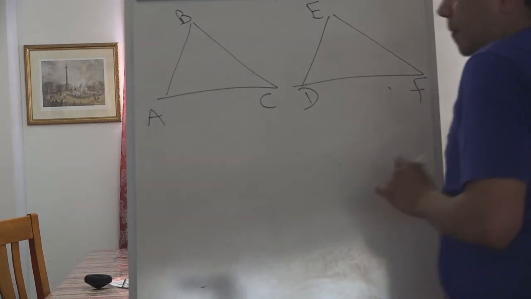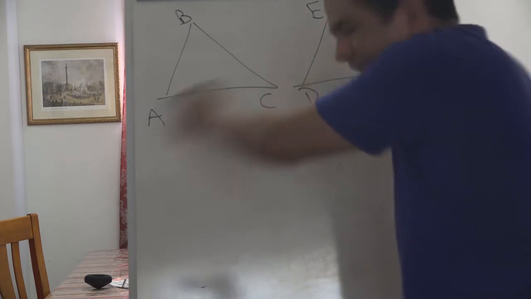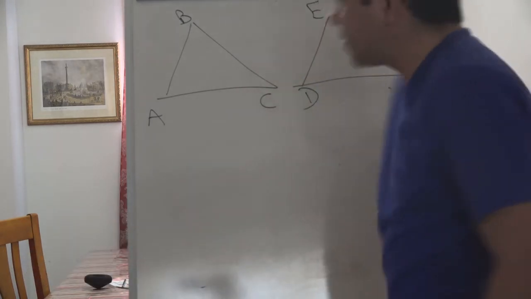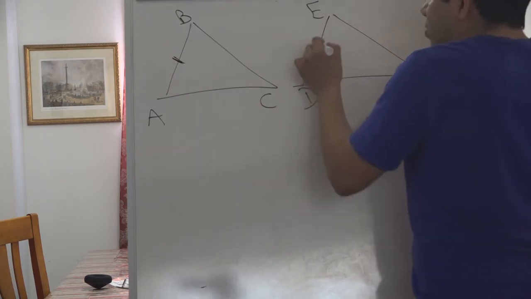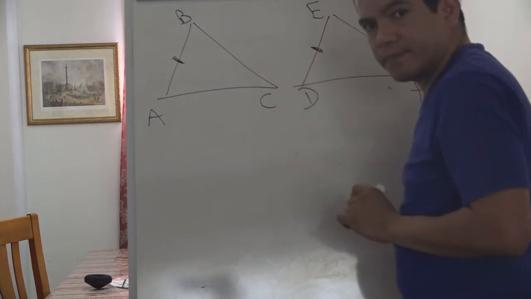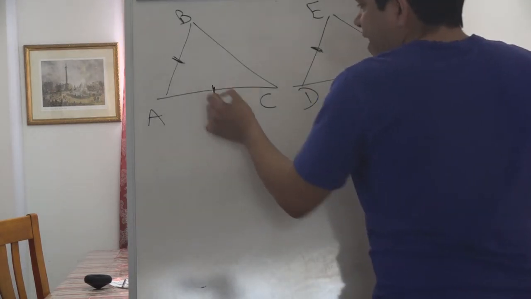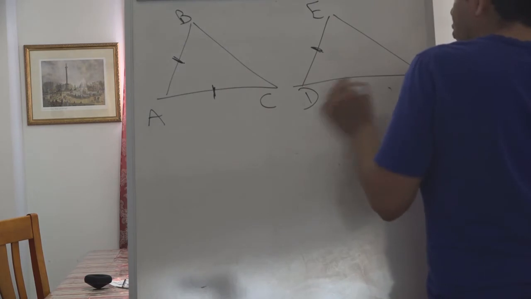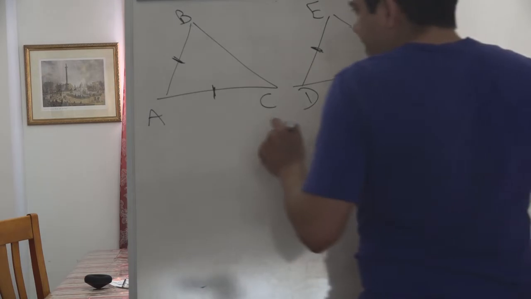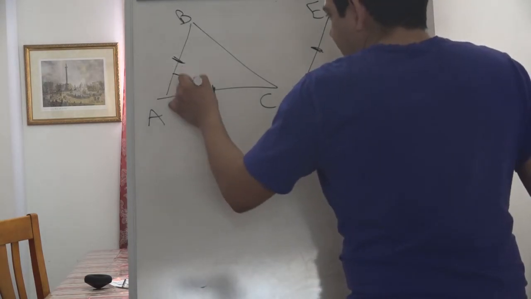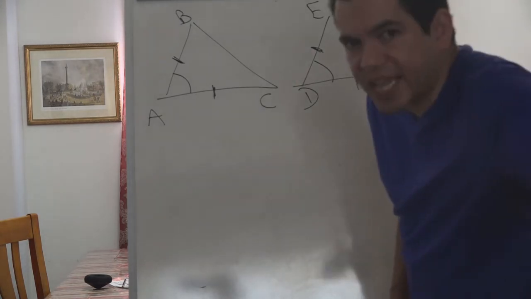So, different ways of proving triangles congruent. Let's pretend that they are actually congruent in every aspect. So I'm going to say that side AB is congruent to side DE. Make sense? I'm also going to say that side AC is congruent to side DF. I will also say that angle A is congruent to angle D. I'm just saying this.